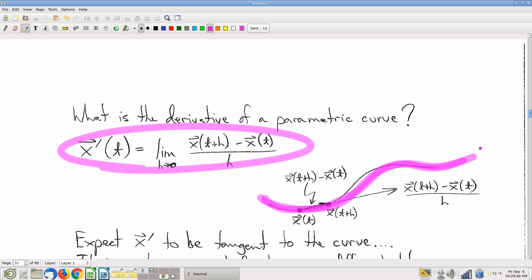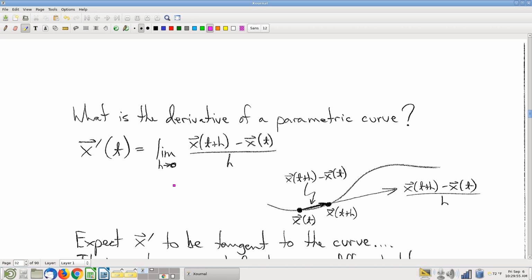So the idea that this would be expected to be a slope of a tangent line, out the window. Absolutely out the window. This is not the slope of a tangent line. So we're going to have to completely from first principles look at this expression brand new with completely open mind, and figure out, in this new context, what does this mean here, and is it at all useful?